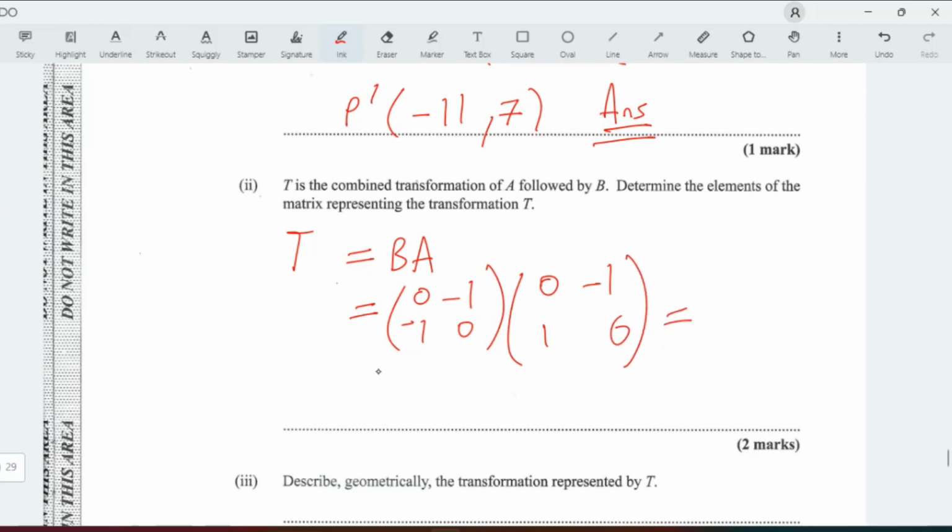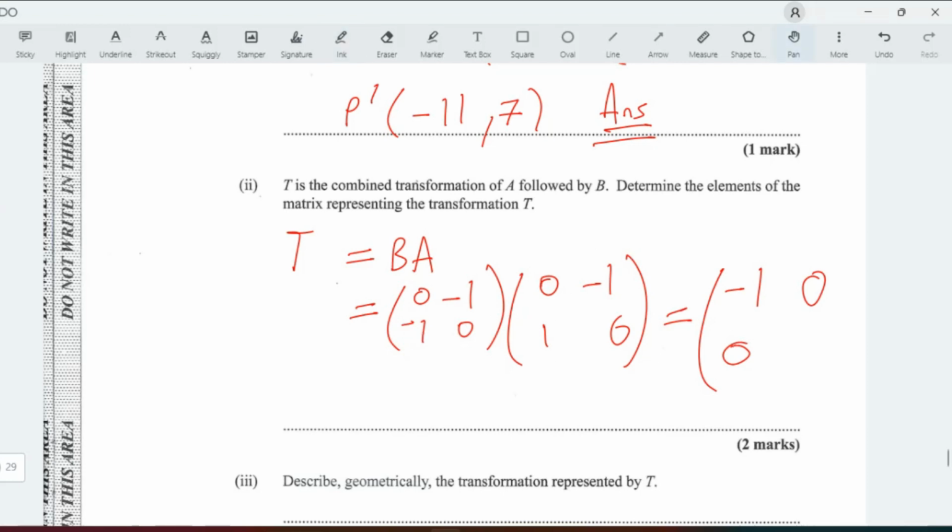Multiply them now, it's going to be row by column, 0 times 0, then minus 1 times 1 is negative 1. Row by column, 0 times minus 1 times 0 is 0. Minus 1 times 0 is 0. 0 times 1 is 0. And then row by column, minus 1 times minus 1 is 1.